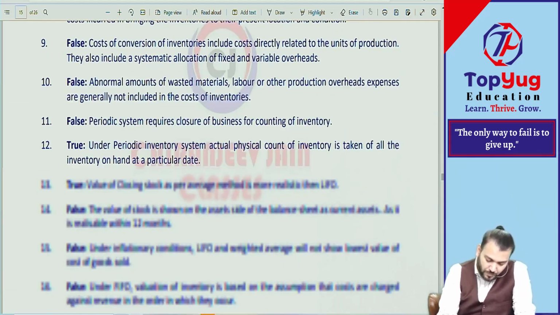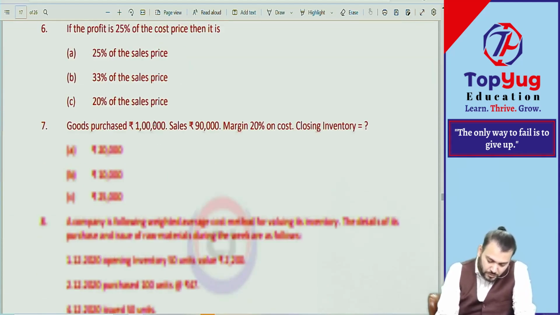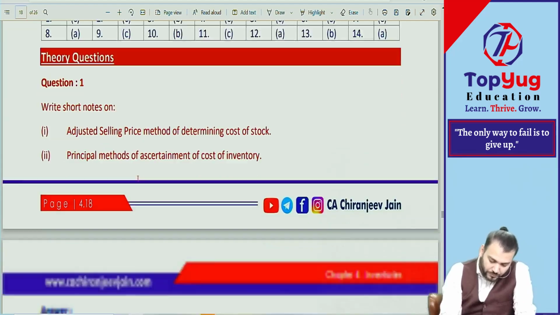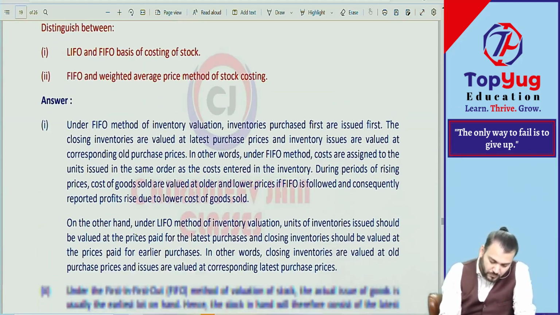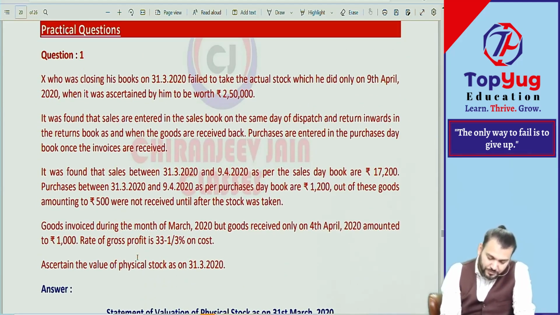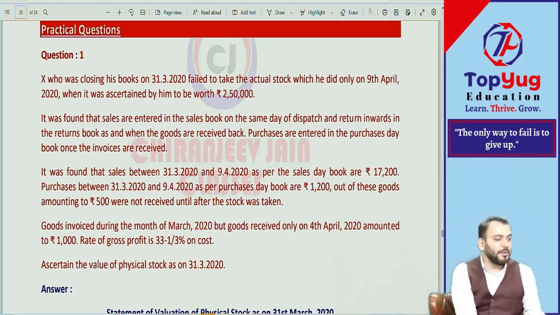Practical question. This one, 2 lakh. Will you try on your own? Do it. I am giving you how many minutes? How many minutes do you want? 5 minutes. Okay, 5 minutes given.